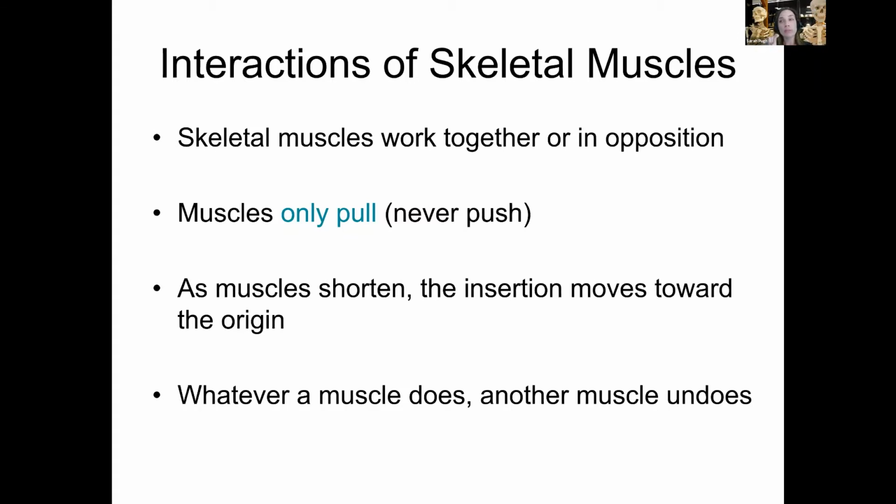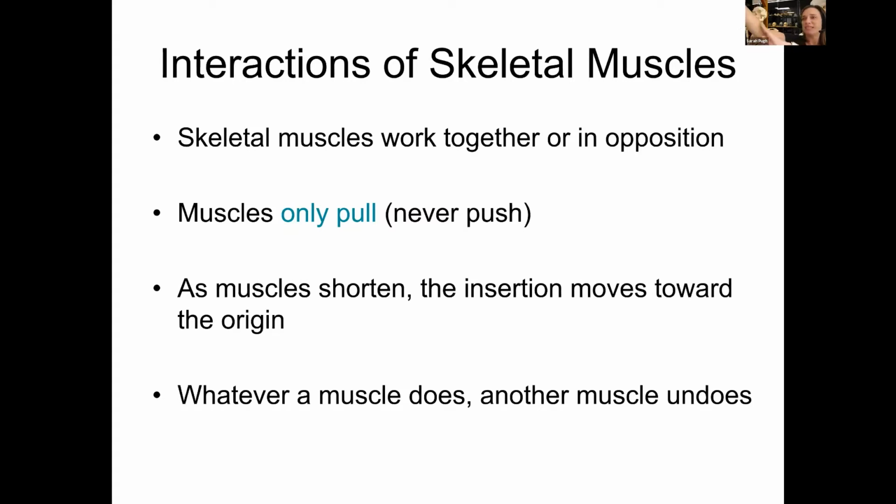Muscles only pull. They never push. If we think back to muscle physiology, remember that the sarcomere can get shorter. So a muscle can pull and get shorter, but a muscle cannot push. That's where this whole opposition to each other comes into play. Again, if we think about flexing at the elbow, your bicep does that because the bicep is pulling.